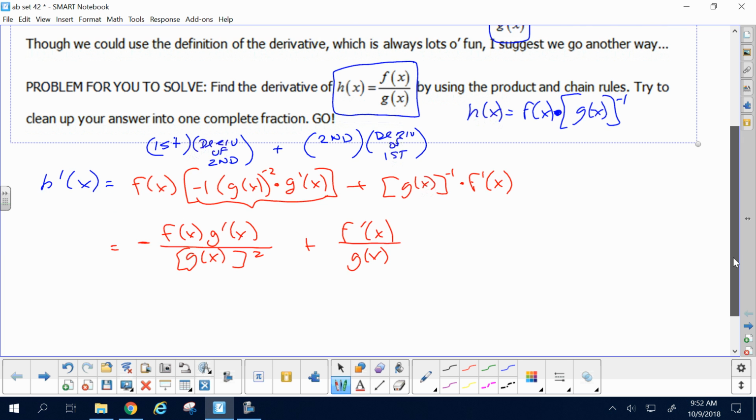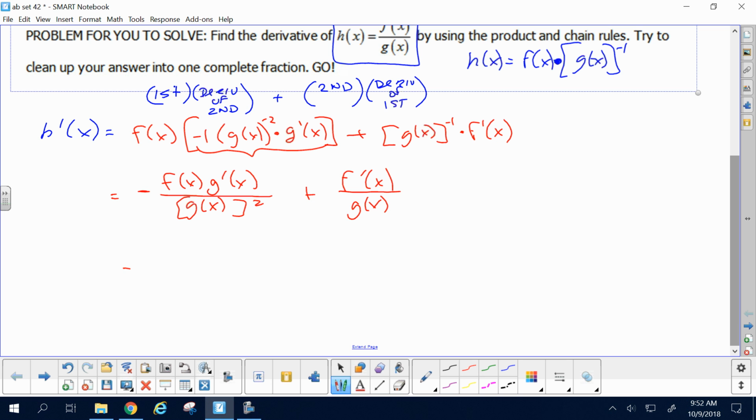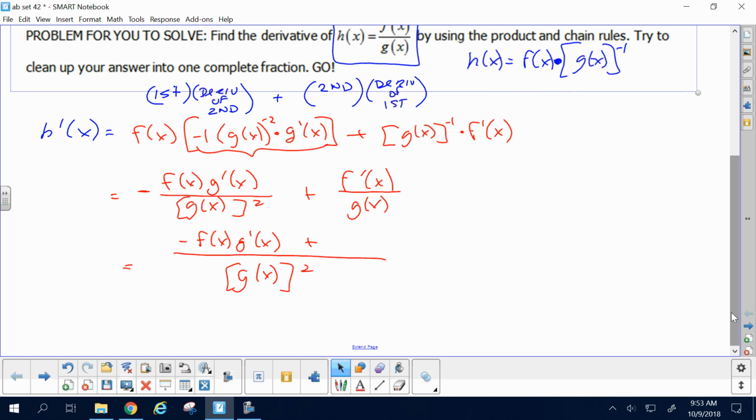Alrighty then. If we get a common denominator, what is the common denominator? g of x squared. Now, I think you'll agree that this one is pretty good the way it is. It already had the common denominator. But this, what did you have to multiply it by to get the common denominator? You had only one g of x, you needed two, so you had to multiply it by another g.